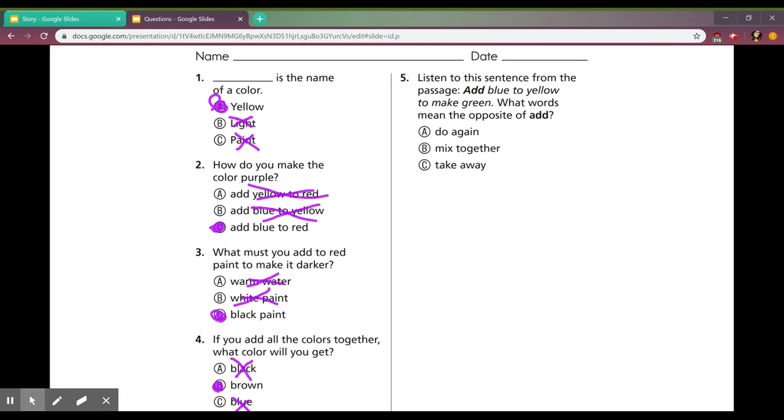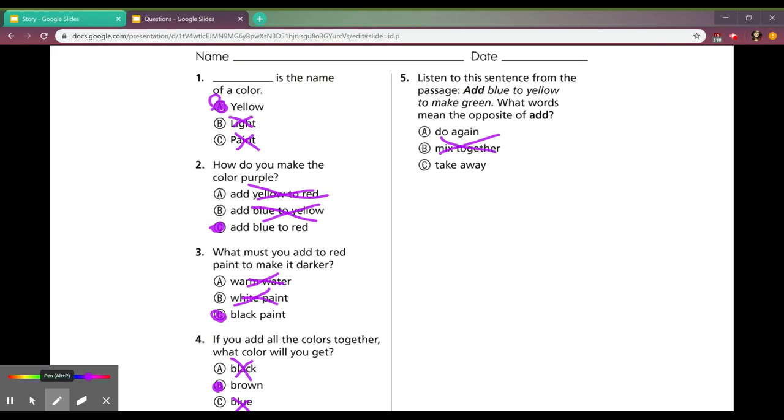So if we were to do the opposite of adding blue to yellow to make green, you would be taking blue away from yellow instead of adding blue to yellow. So we have options of doing it again, mix together, or take away. And we're looking at what the opposite of add means. Not what does it mean to add, but the opposite. So if we're adding blue to yellow, that'd be mixing it together, but it's wanting the opposite.